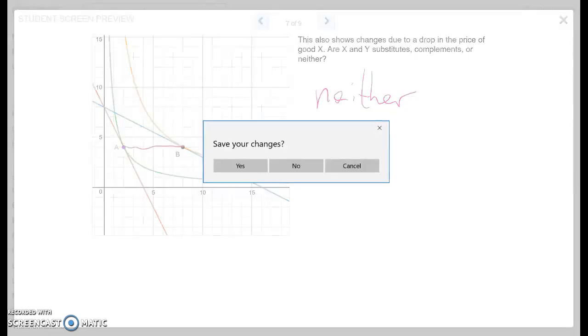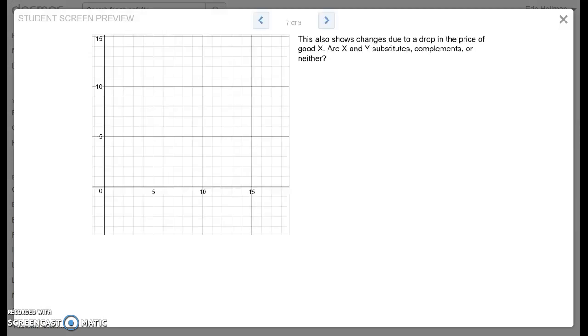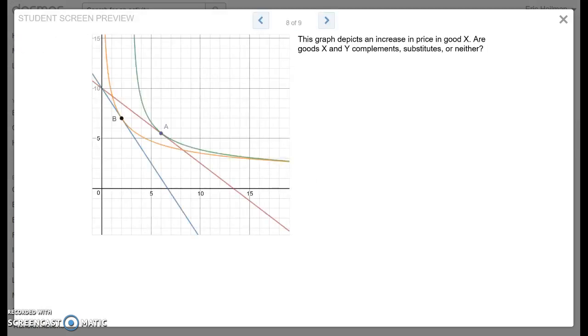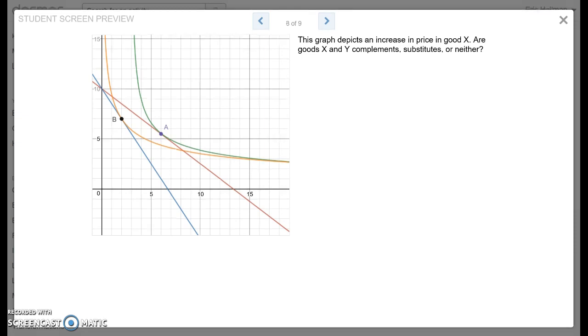All right, one more. Okay, so go ahead, put in play, pause it, whether you think these two goods are substitutes or complements. It turns out these are going to be substitutes. And actually, this is a situation where the price of good X went up. So we started at A, so price of X went up.